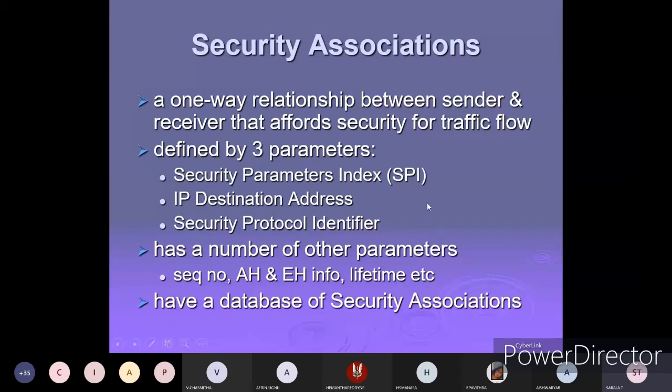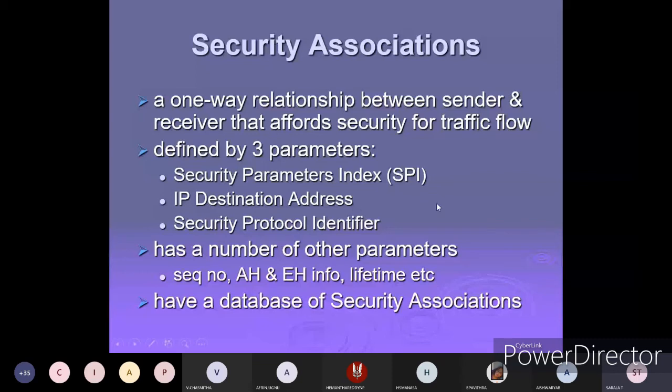IP destination address: whenever your sender is sending the information, if they don't know to whom they are sending, then what is the use? They can't send the data to the destination. For that reason, the destination IP address should be known to the sender.